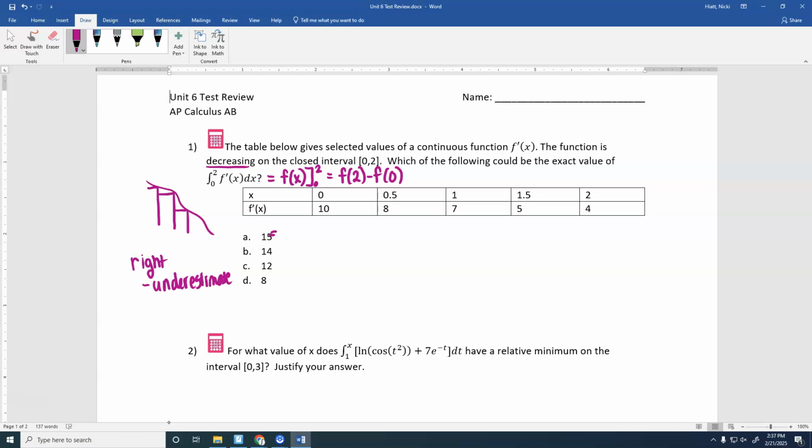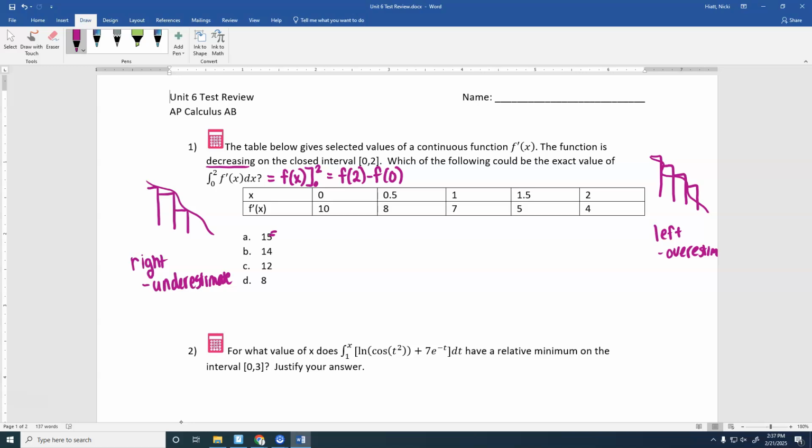And if I do a left-hand Riemann sum, where the left corner touches, then that's going to be an overestimate. So if I do a left and a right, then I will hopefully be able to narrow it down to where there's only one number in between those.